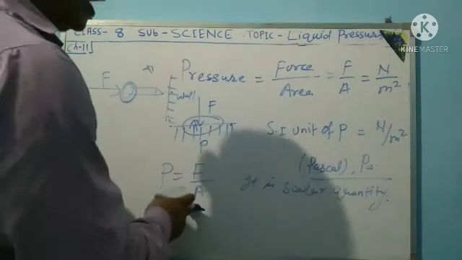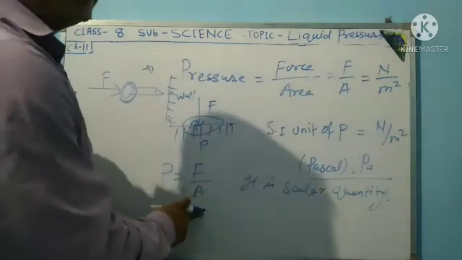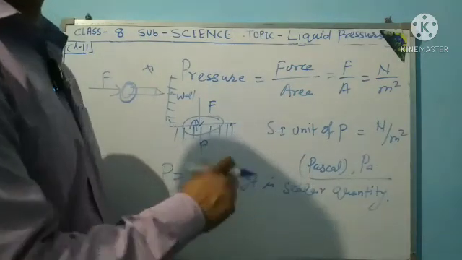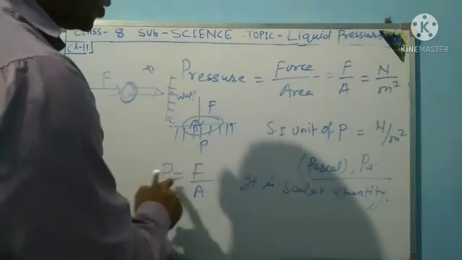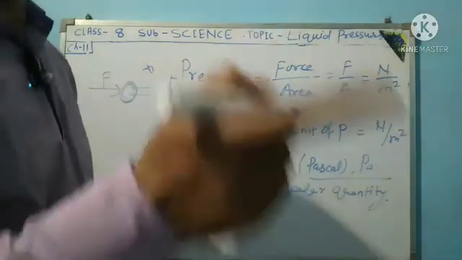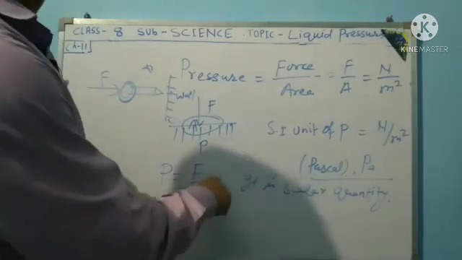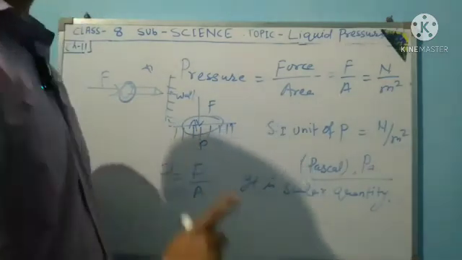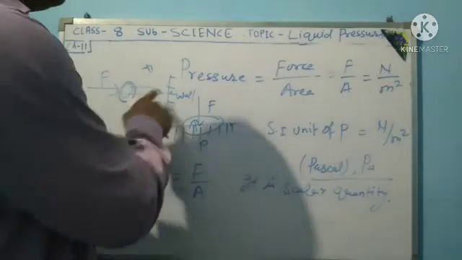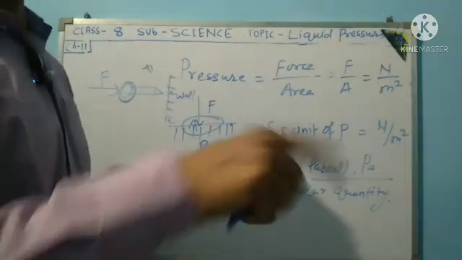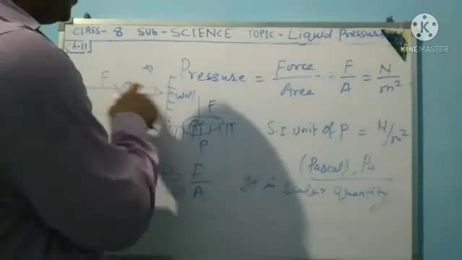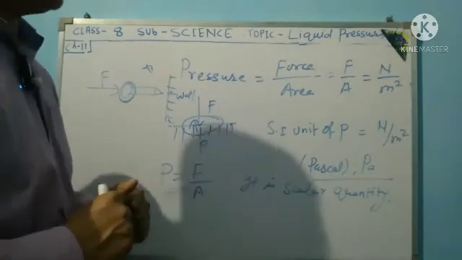If area is decreased, then pressure increases for the same force. So pressure increases because area decreases. So more pressure on the nail, and it is inserted in the wall.